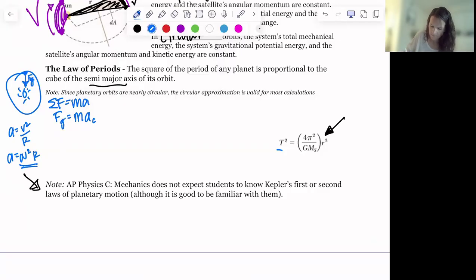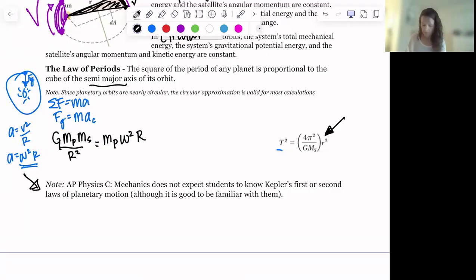So instead of saying Fg, actually I will change colors. I'll say G, M. So let's be careful about our M. I'll have the mass of the planet times the mass of the sun all over r squared, and that r is the distance from the center of masses to each other. And this is going to equal the mass of the planet, because we're talking about the object in question here, times omega squared r.